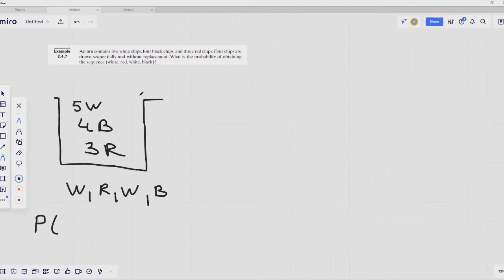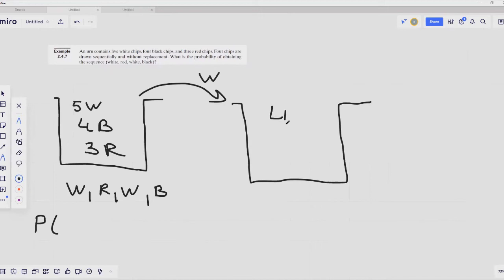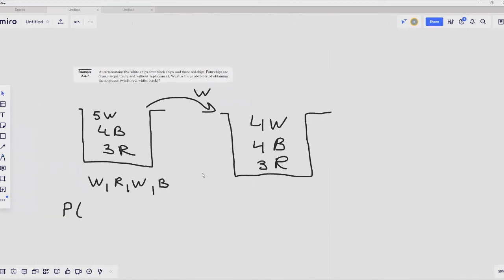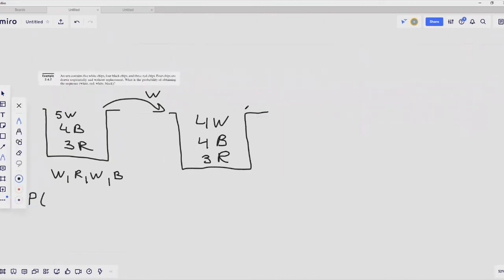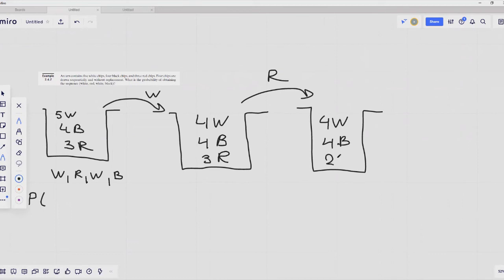So if we draw a white on our first draw, then we'll end up with 4 white, 4 black, 3 red chips. Now, if we draw red on a second draw, given that we have drawn white on the first, we'll end up with 4 white, 4 black, 2 red chips.